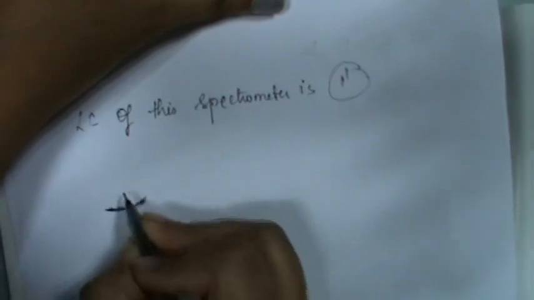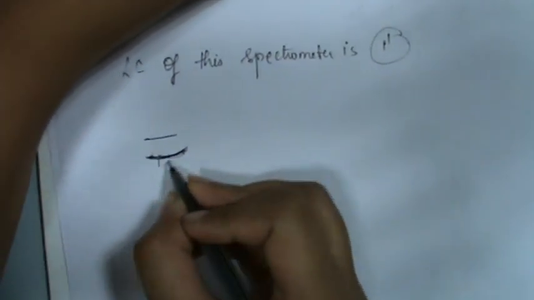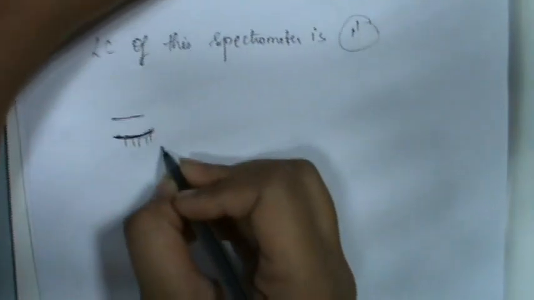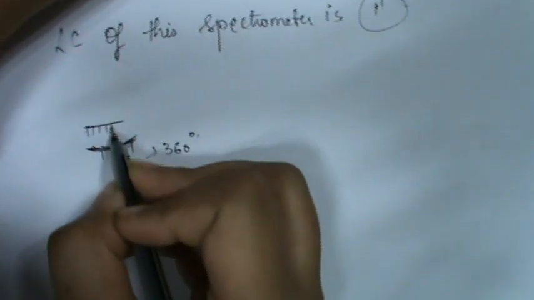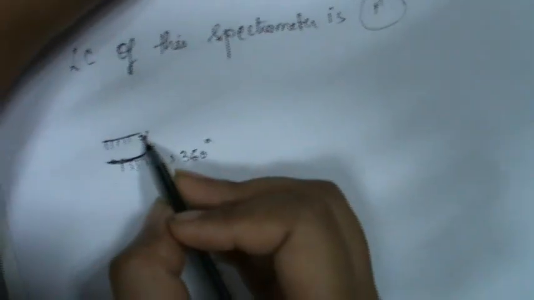There is a circular scale and a vernier scale, and this circular scale consists of degrees up to 360 degrees, and on the vernier scale there are different divisions up to 30, I guess.